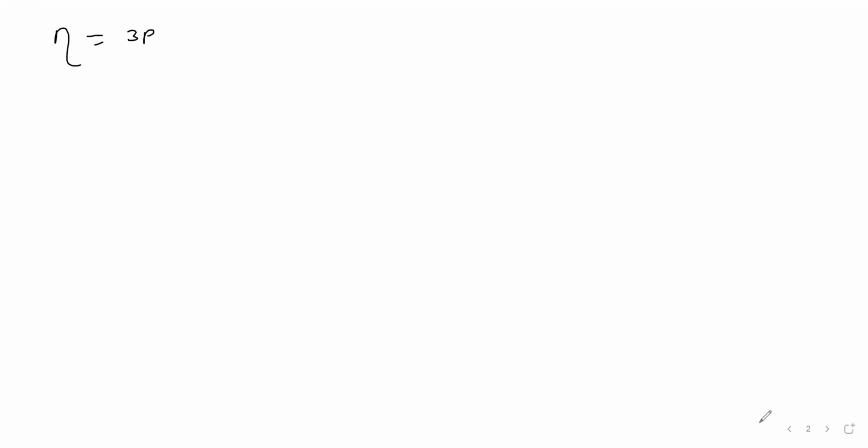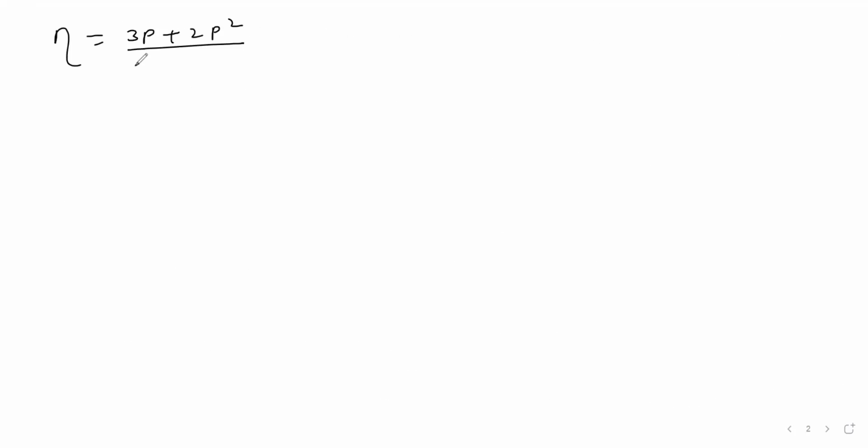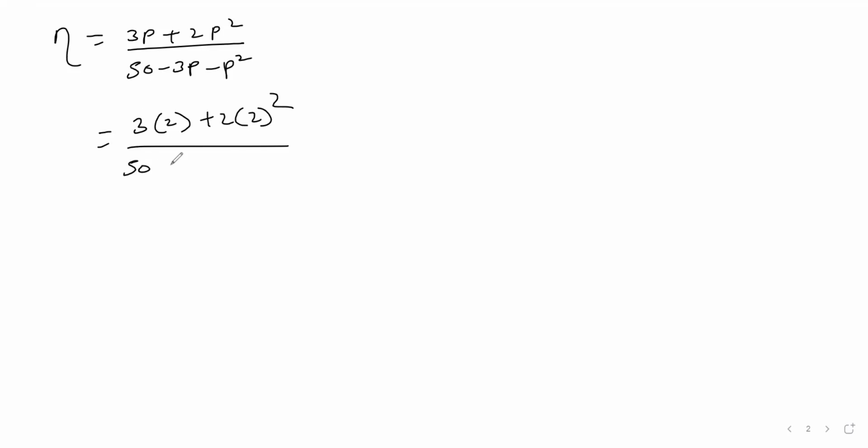it is 3p plus 2p square whole thing divided by 50 minus 3p minus p square. If p is equal to 2, we put, so 3 into 2 plus 2 into 2 square, upon 50 minus 3 into 2 minus 2 square. 6 plus 2 into 4 is 8.